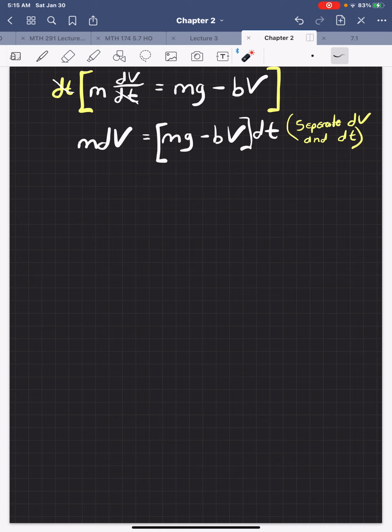So what I'm going to do is divide, and I'm going to do everything at once. I'll show you here. I'm going to divide both sides by m, and I'm also going to divide both sides by mg minus bv. Let me see if I can do that in one swoop.